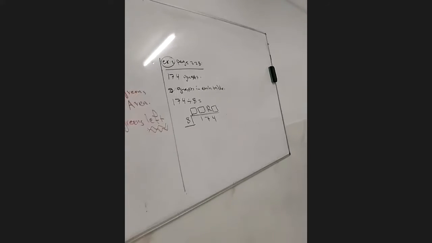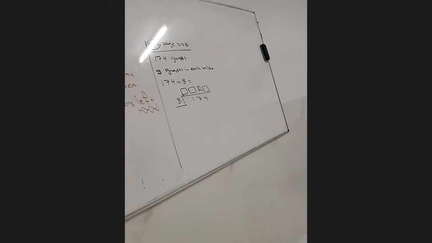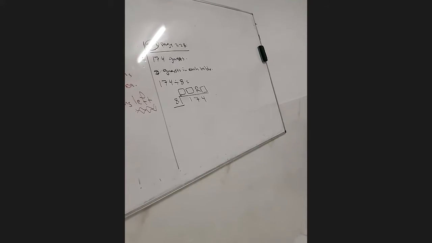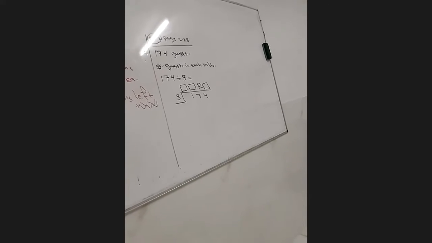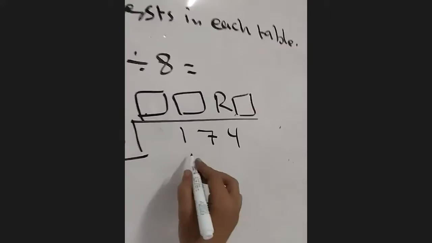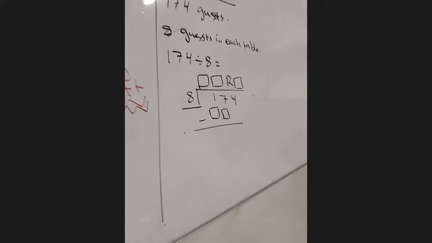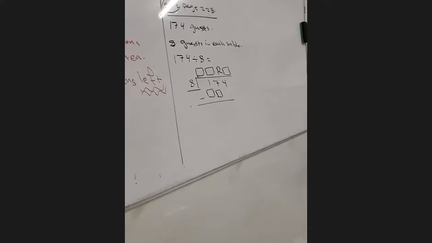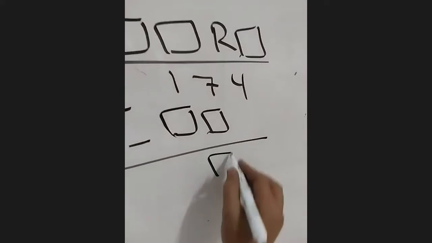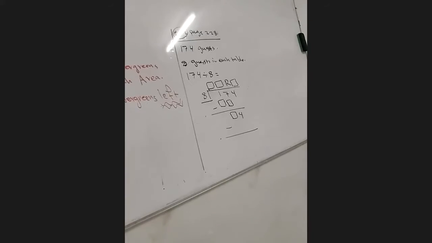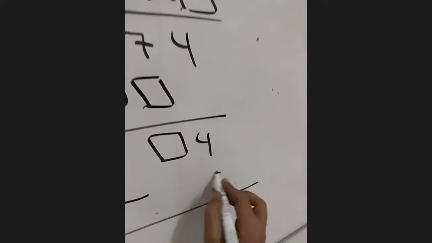Okay. Now, up we have two squares with the remainder. Down we have 2 squares here. Minus, then a square with 4. Minus, then we have 1 square here, a square under the 4, and 1 square here.